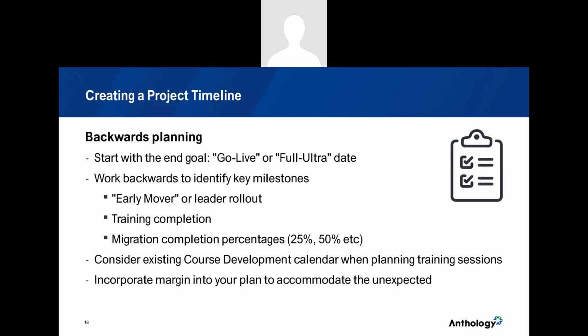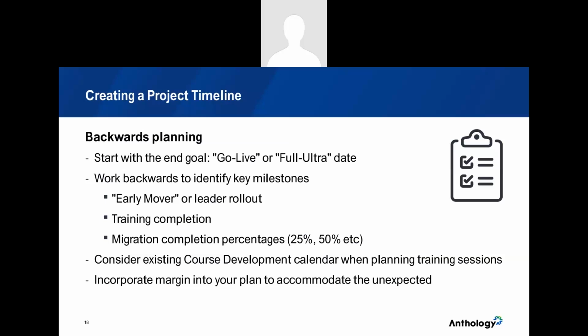So it really, really depends on your institution and your stakeholders who you want to identify as the early movers, whether it is an organic volunteer type of effort, or if you are going to be a little bit more targeted with that initiative.